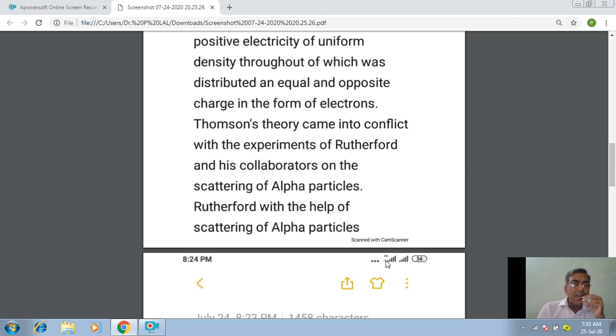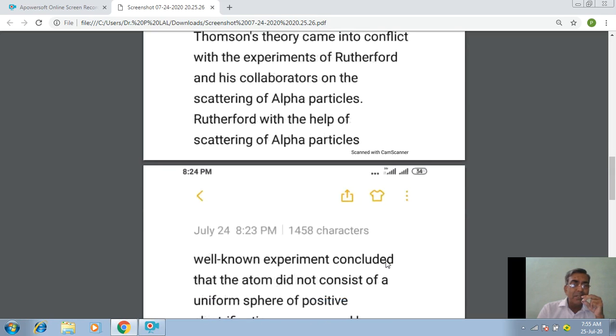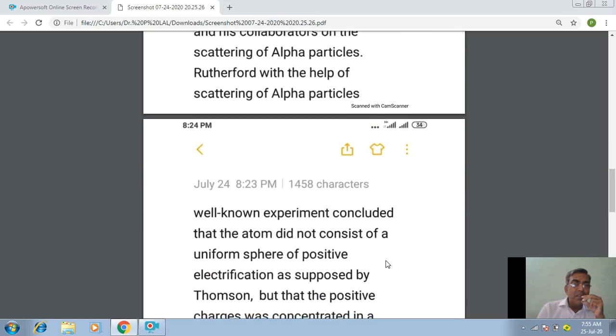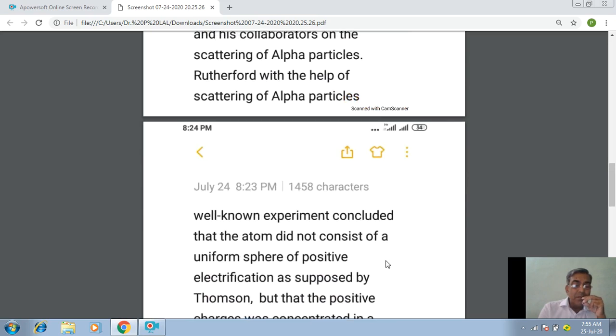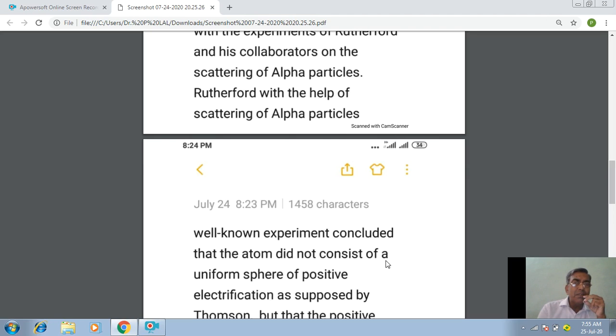As you know, alpha particles are doubly ionized helium nuclei, and in this experiment, alpha particles are allowed to be incident on a thin film of gold.